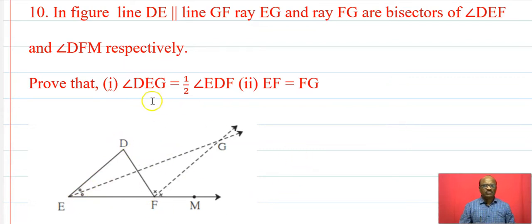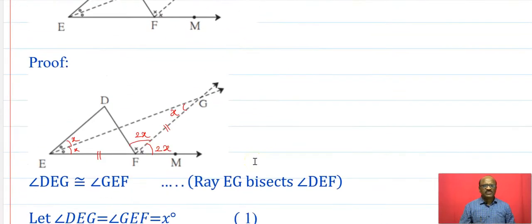Then we want to prove that the measure of angle DEG is equal to 1 upon 2 the measure of angle EDF, and next, EF is equal to FG. That is, triangle EFG is an isosceles triangle.